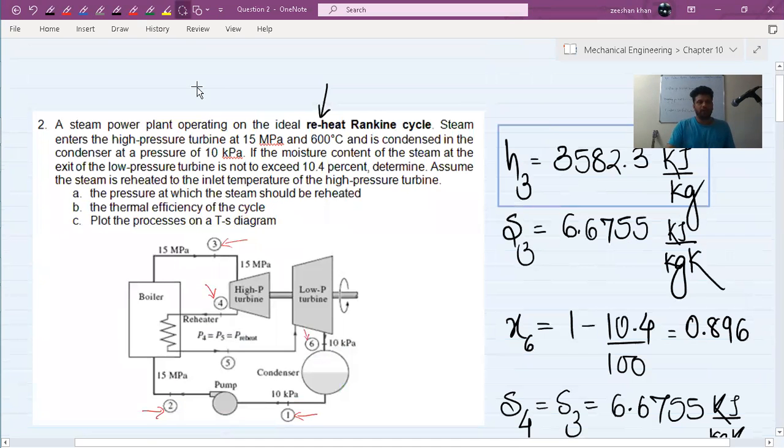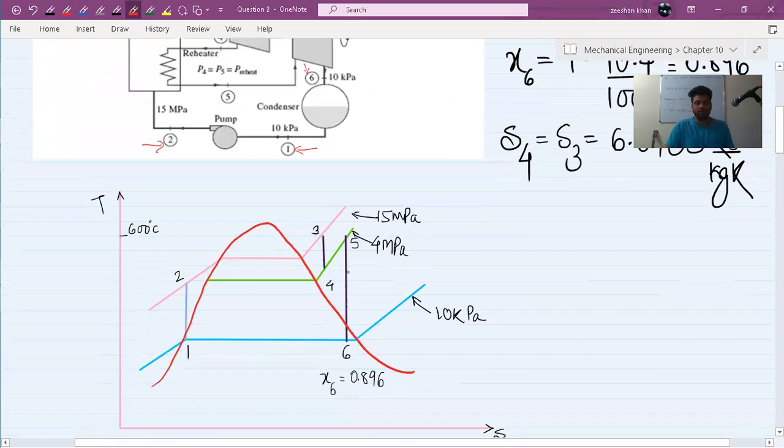This is what they have already told us in the problem, that the steam is reheated to the inlet temperature of the high pressure turbine. So the inlet temperature of the high pressure turbine is T3, and after reheat it is taken to T5.